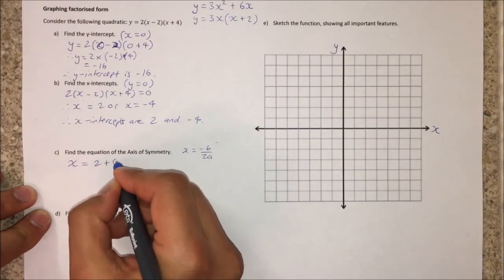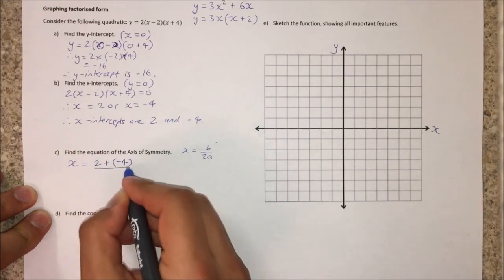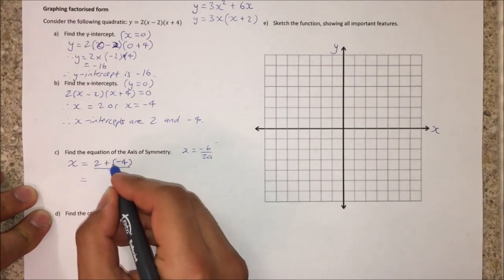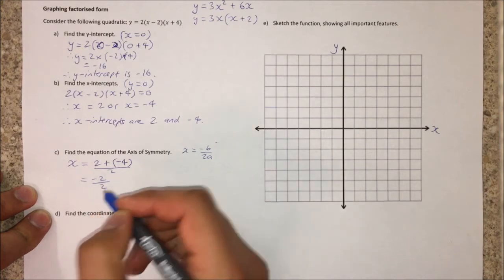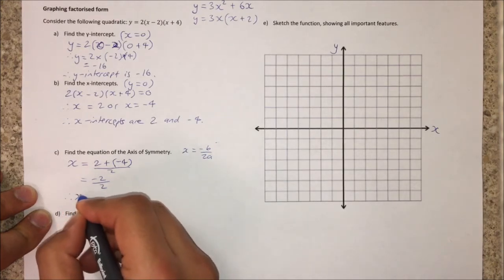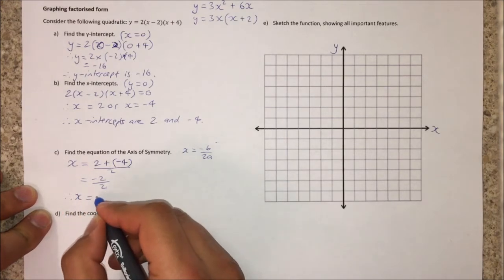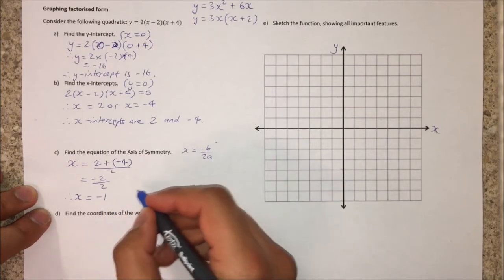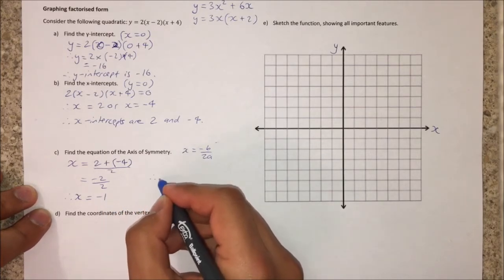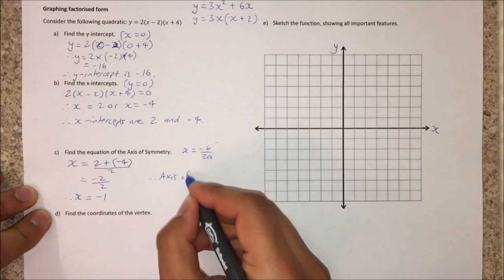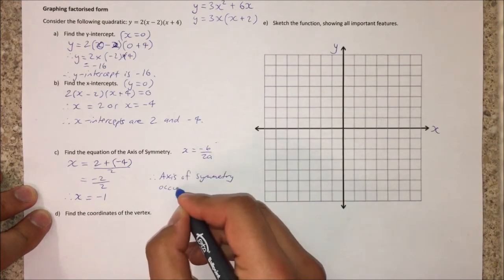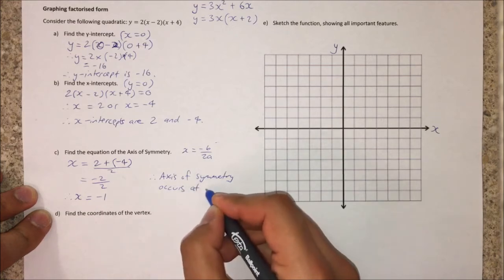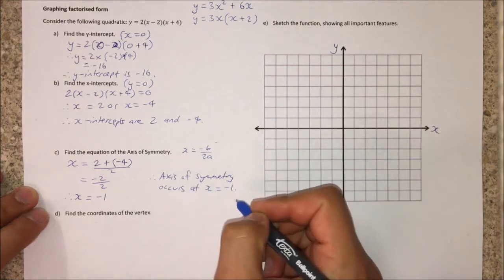So it'll be 2 plus negative 4 divided by 2. So 2 plus negative 4 is 2 take 4, which is negative 2 over 2. Therefore x is equal to negative 2 divided by 2, which is negative 1. So therefore the axis of symmetry occurs at x is equal to negative 1.